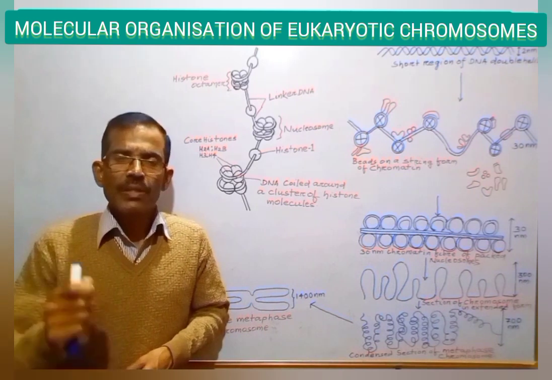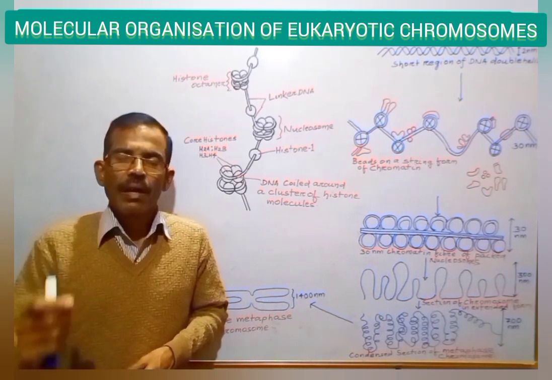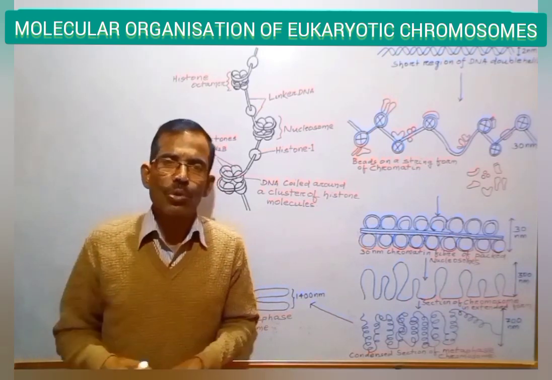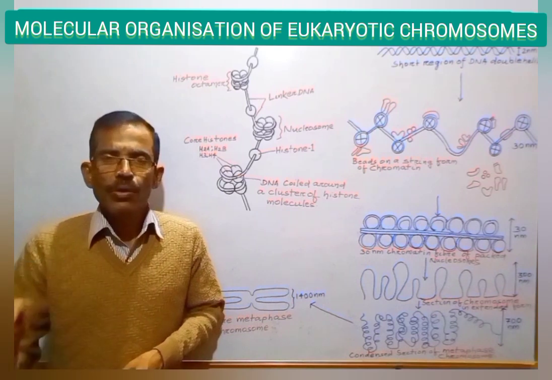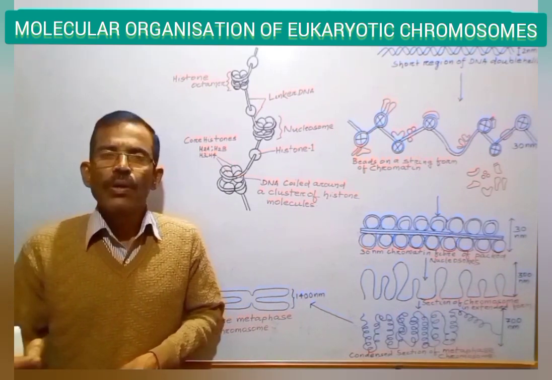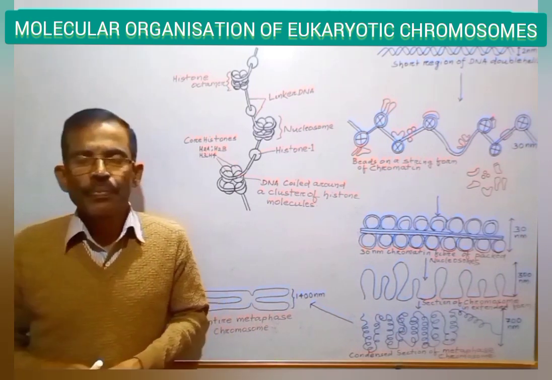When interphase nuclei are broken open very gently and their contents are examined under the electron microscope, most of the chromatin appears to be in the form of a fiber with a diameter of about 30 nanometers.